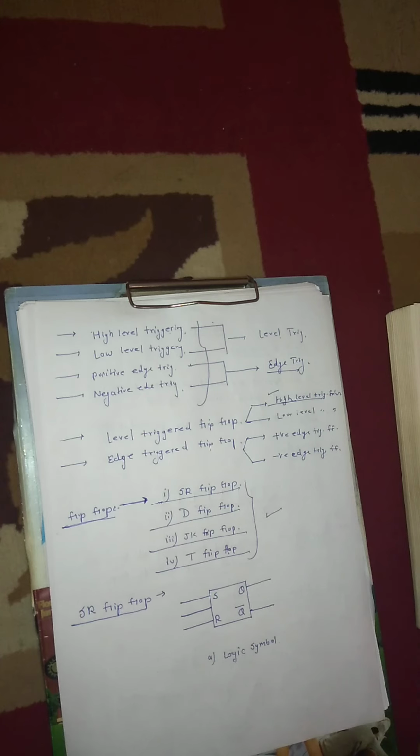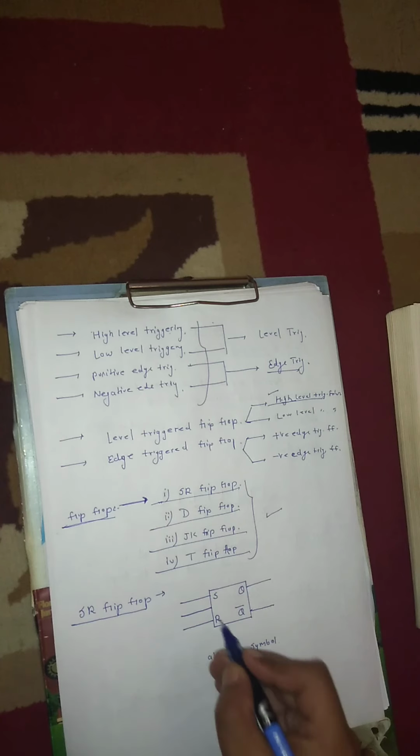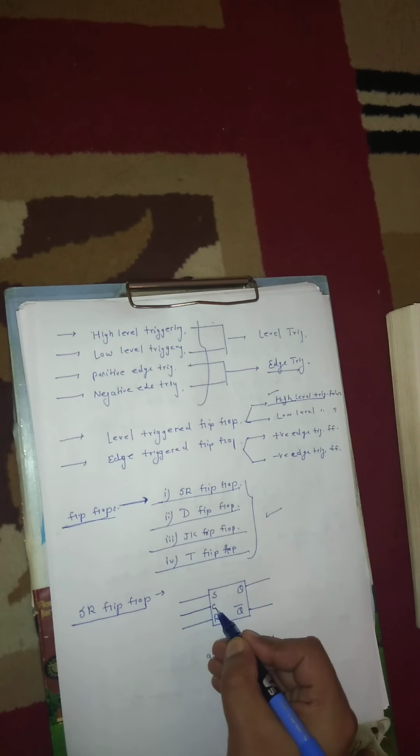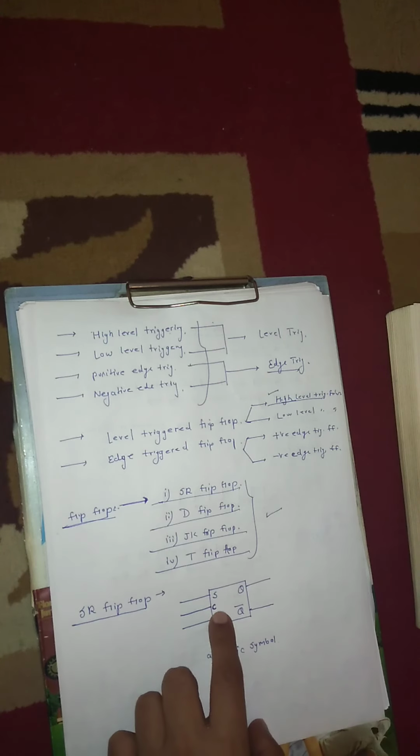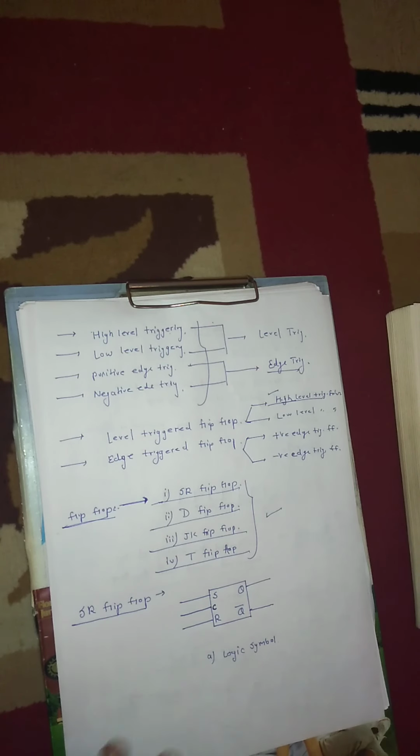We can represent here C, which represents high level triggering. So when we draw a line and write C, it means it is a normal SR flip flop with high level triggering.